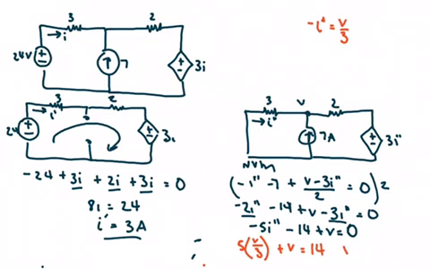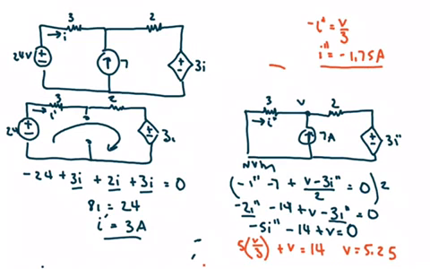Solve that to get V. Okay, and our V is going to be equal 5.25. Okay, and then we know that our I is going to be negative 1.75.